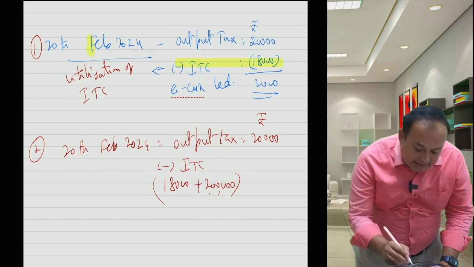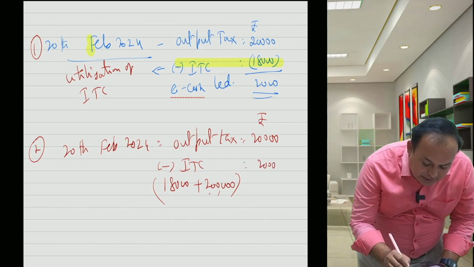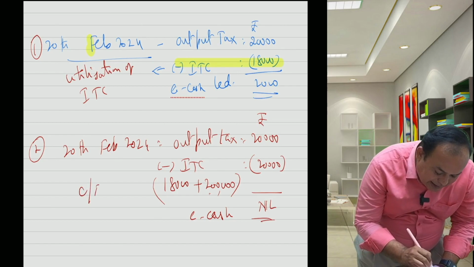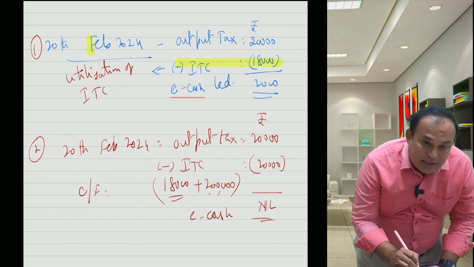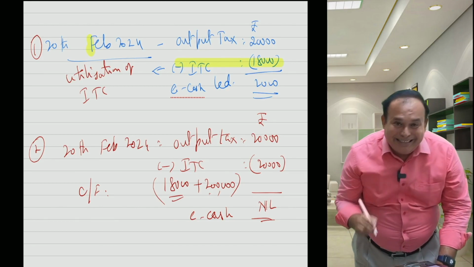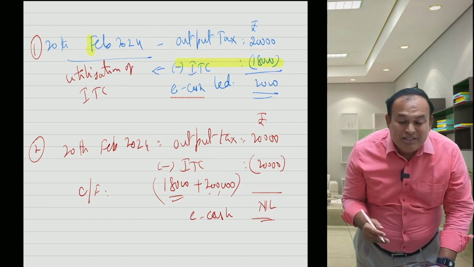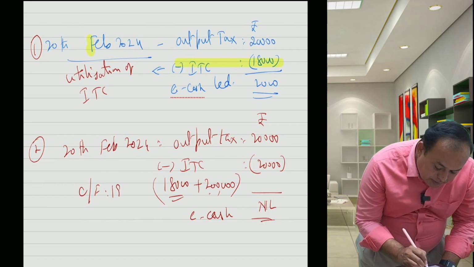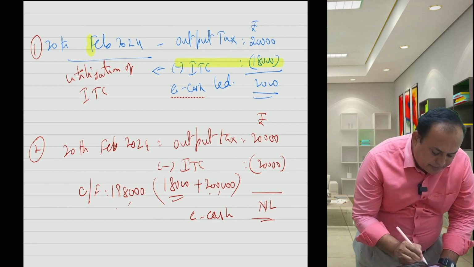In that case, I utilized 20,000, and nil to pay by electronic cash. So how much excess credit is carried forward? 2 lakh 18,000 minus 20,000 comes to 1 lakh 98,000, correct? Correct or not? Quickly tell me.